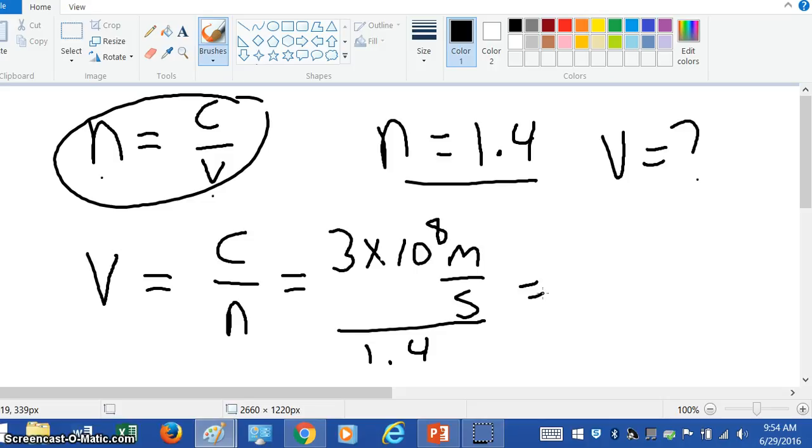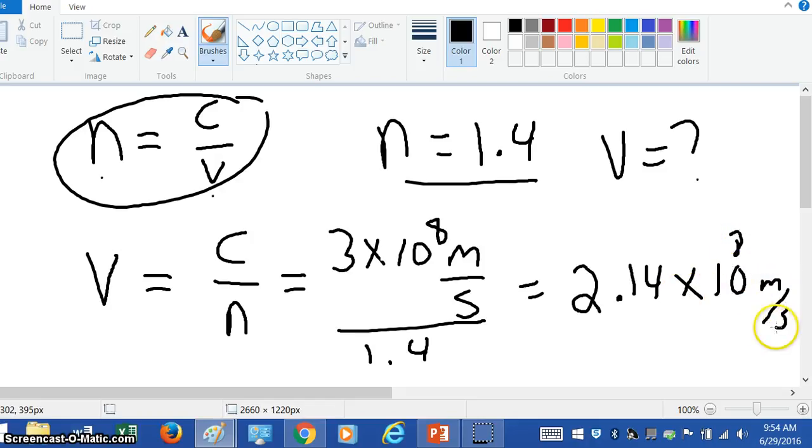So I'm going to do 2.14, and that should be times 10 to the 8th. Let me count the decimal places: 1, 2, 3, 1, 2, 3, 1, 2. Yeah, so it's 2.14 times 10 to the 8th meters per second. Alright, so that's kind of how you do this.